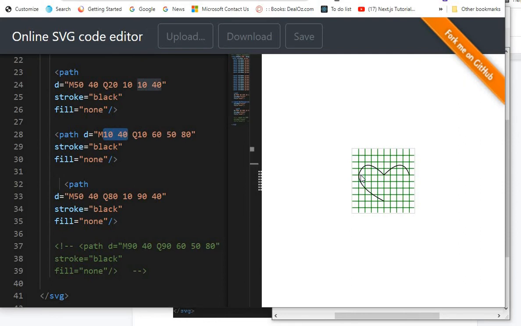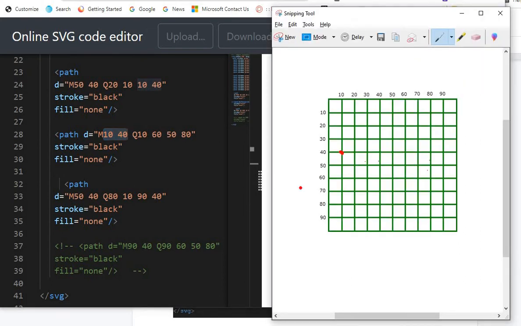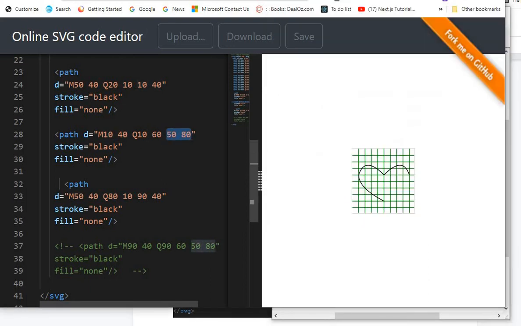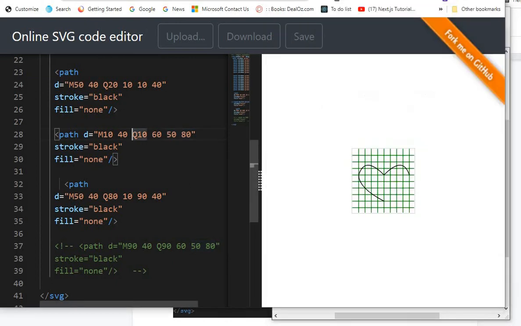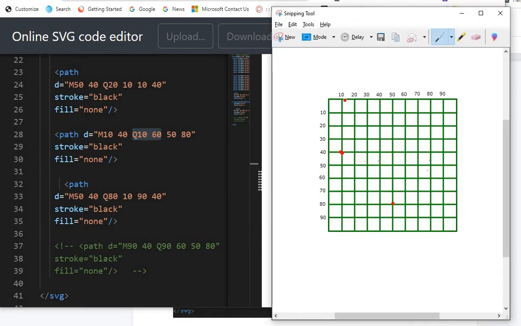So this is where they meet. And 50 and 80 is the ending point of the second path. 50 on x and 80 down here, so it's here. And then the quadratic control point is 10 and 60, which is here.